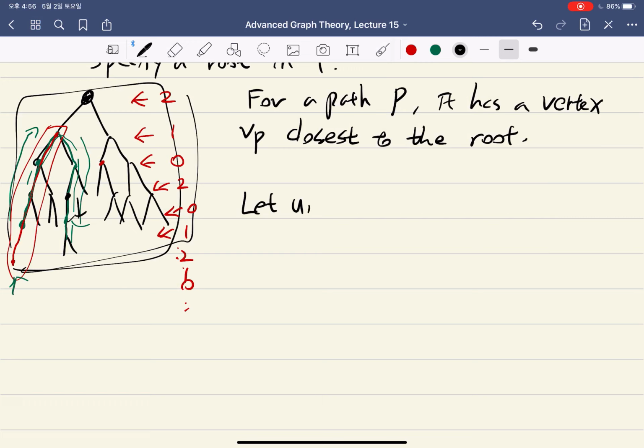So let u1, u2, and so on be the non-repetitive ternary sequence.